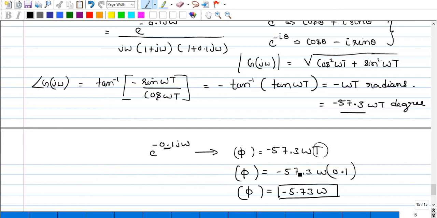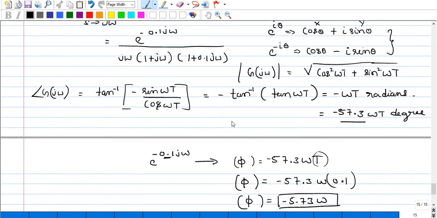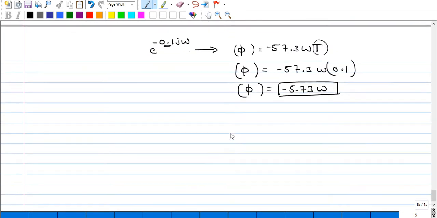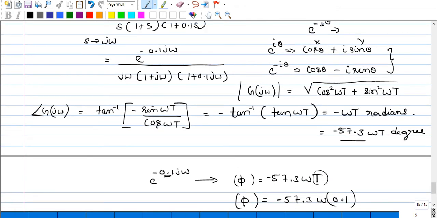So what will happen while rewriting the equation? So this is the particular equation. So let me copy this.